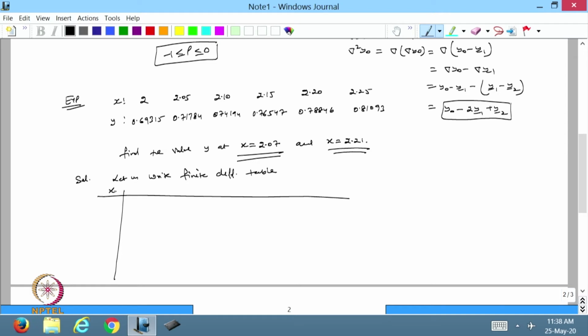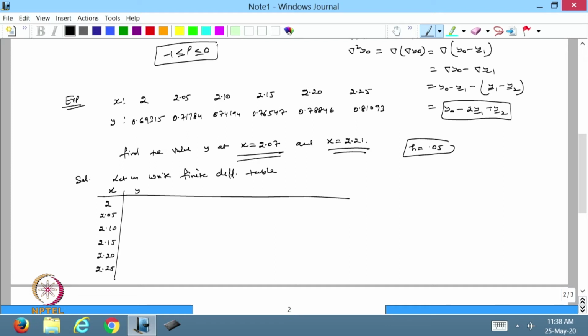This is my x: 2.05, 2.10, 2.15, 2.20, 2.25. In this case h will be 0.05, because of this difference, and these are equispaced, so no problem.